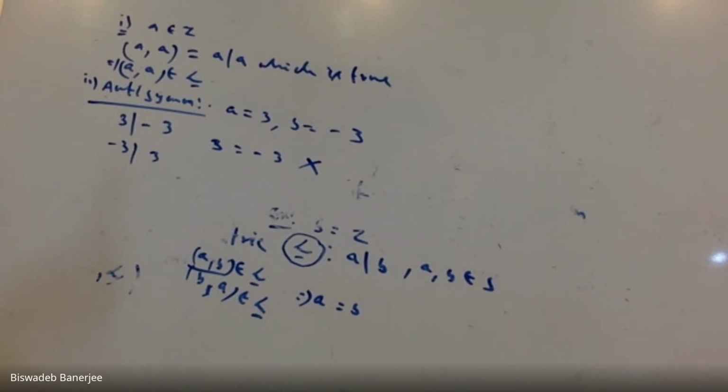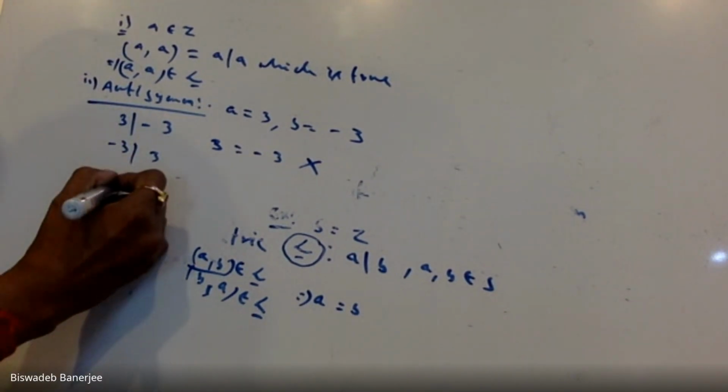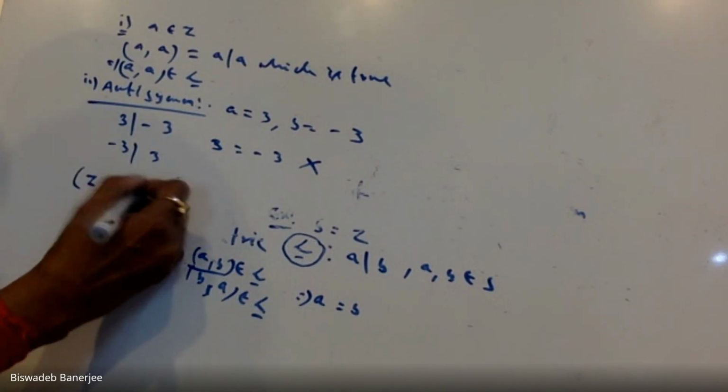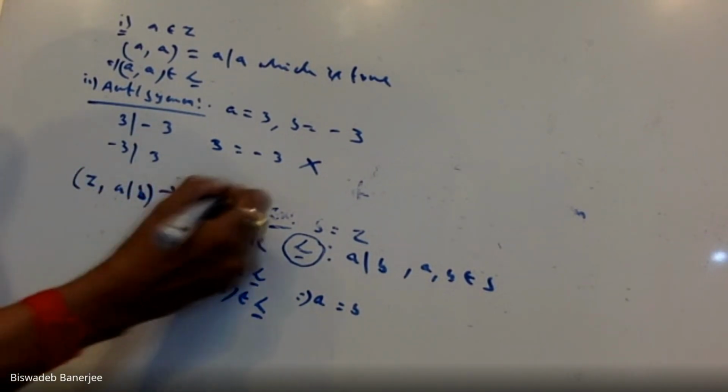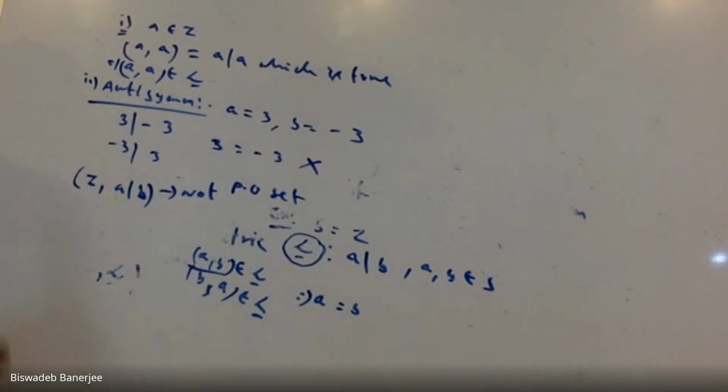And we say that Z comma A divides B is not a partial order set, not a PO set.